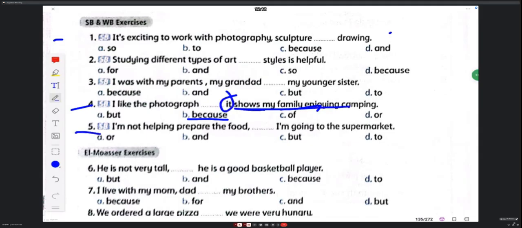Number five: I'm not helping prepare the food, but I'm going. That sentence is joined by but and gives the contrast. So I don't do something, but I do something else. I am not helping, but I am going to.